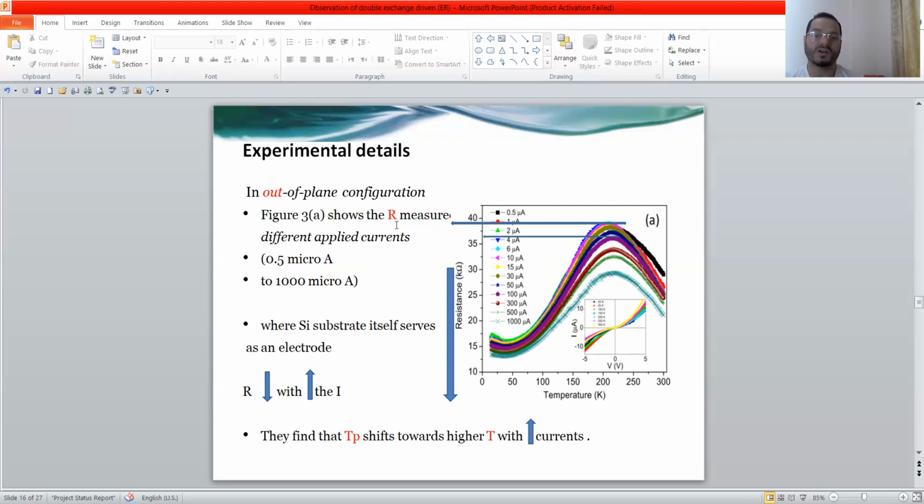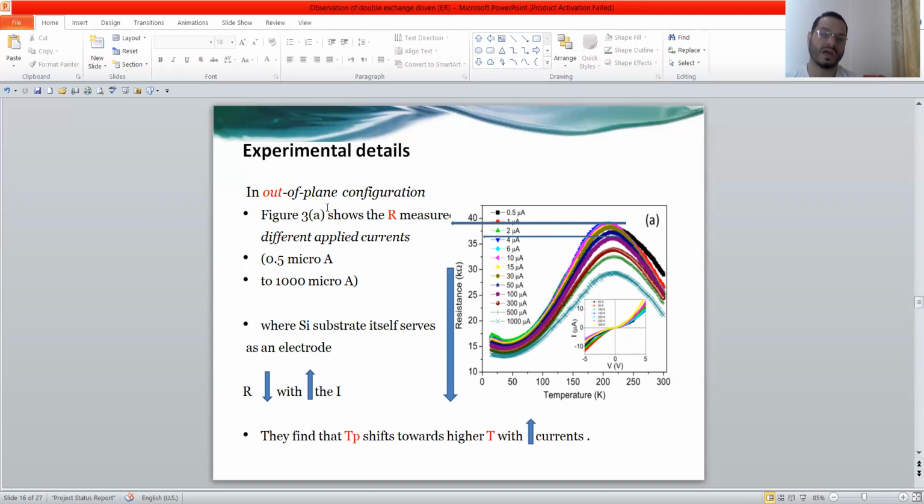It shows the resistance measured with different applied currents, because here we start by applying a current of 0.5 microampere and go up to 1000 microampere. That means many values of applied current.